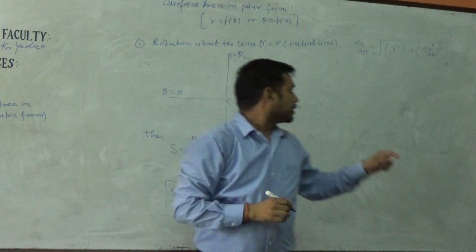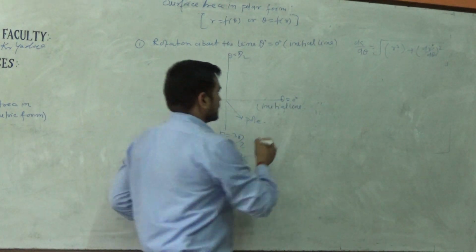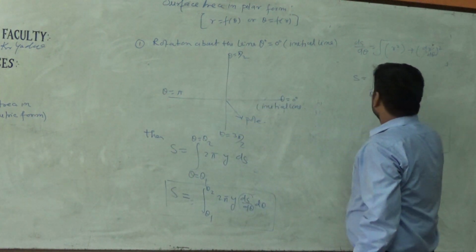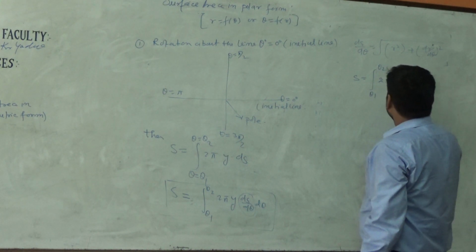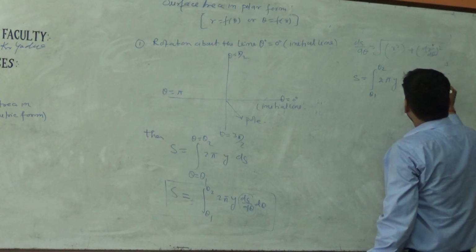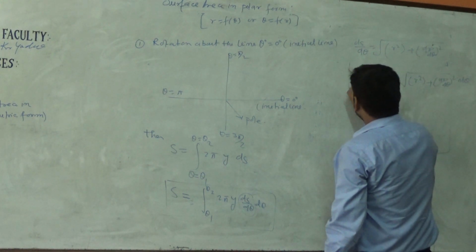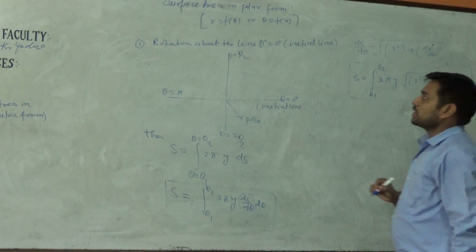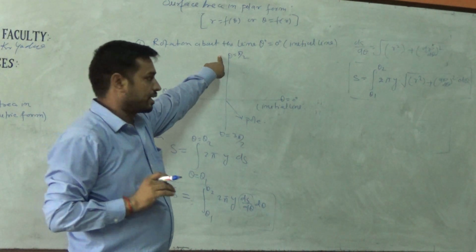Now we substitute the value of ds upon d theta in the basic formula. Then the surface area will be the integral from theta1 to theta2 of 2 pi y into under root r square plus dr by d theta whole square into d theta. This is the required formula of surface area when the curve in polar coordinates is rotated about the initial line.